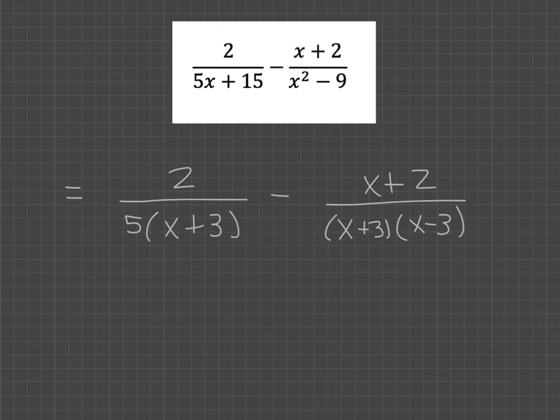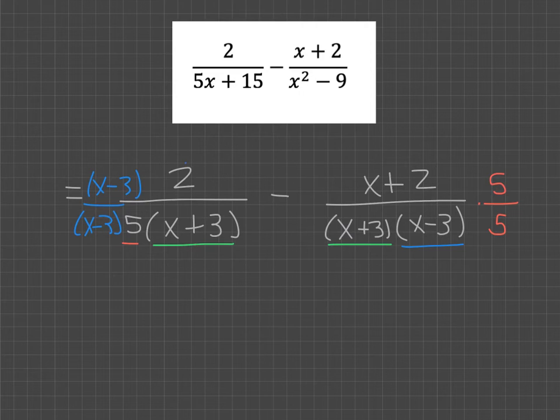So the shared factor is the x plus 3, and one of the unshared factors is 5. So over here we're going to multiply top and bottom by 5. The other unshared factor is x minus 3. So over here we're going to multiply by x minus 3, top and bottom.